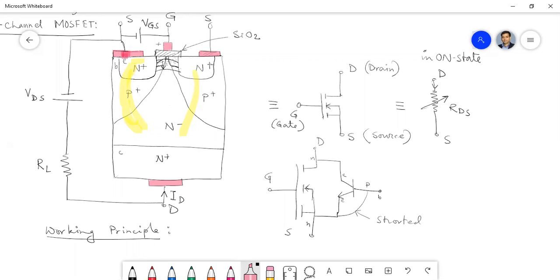A BJT means two PN junctions, NPN. One PN you have shorted, so you have left another PN.